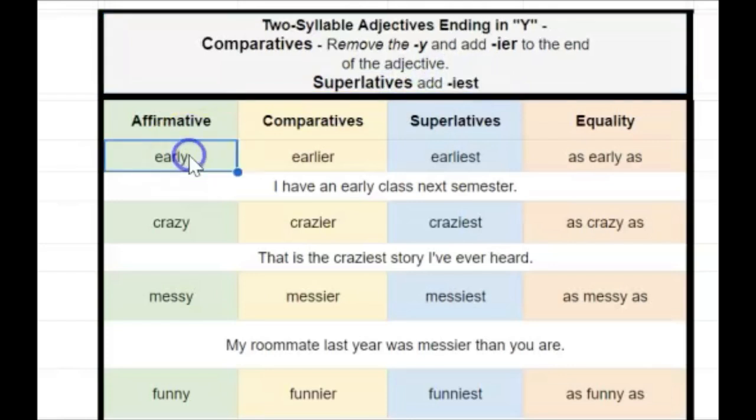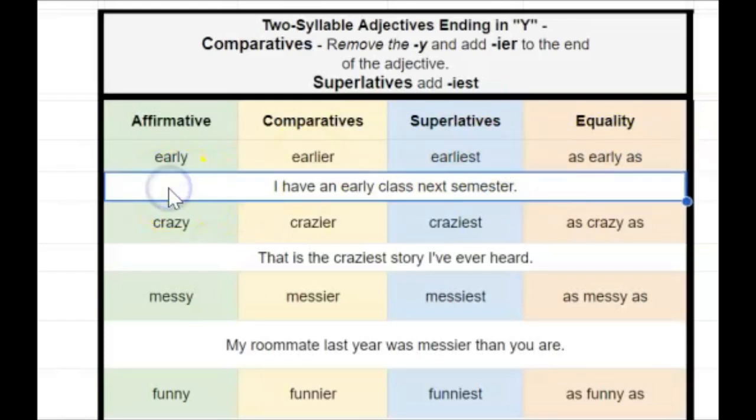The first example of this category is early, comparative is earlier, superlative is earliest, and equality is as early as. The example sentence we have here is, I have an early class next semester.